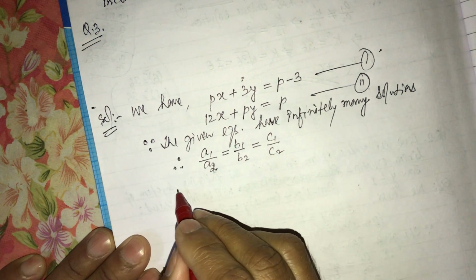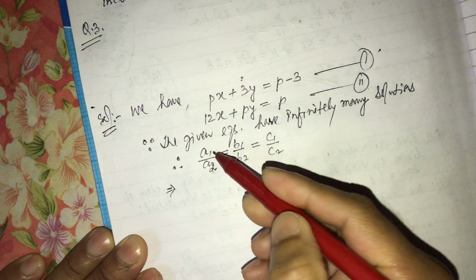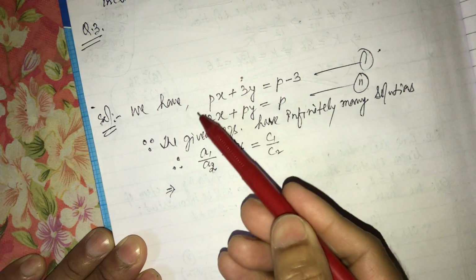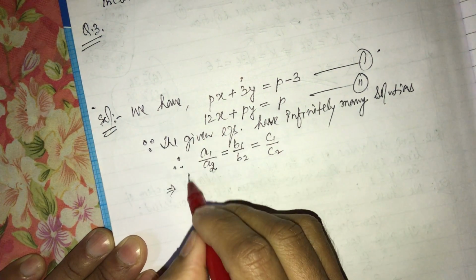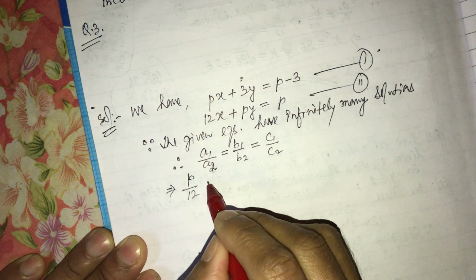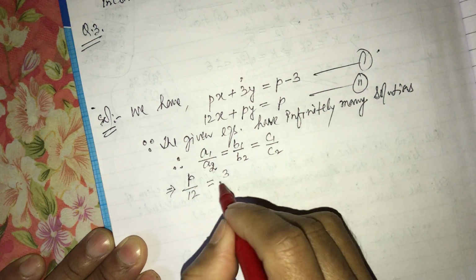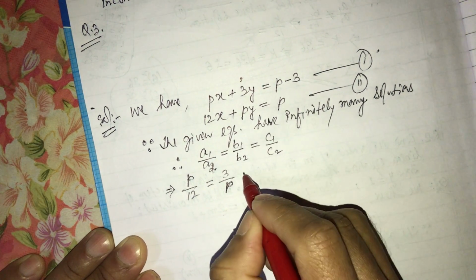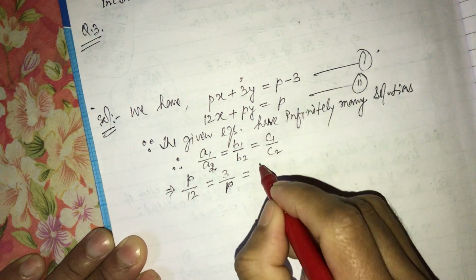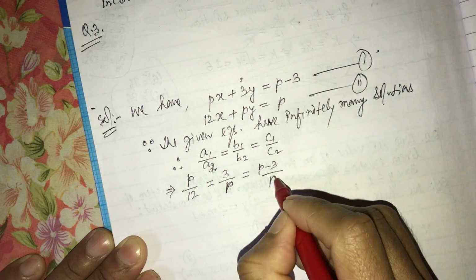So let's substitute the values. a1 by a2 is p by 12, b1 by b2 is 3 by p, and c1 by c2 is p minus 3 by p.